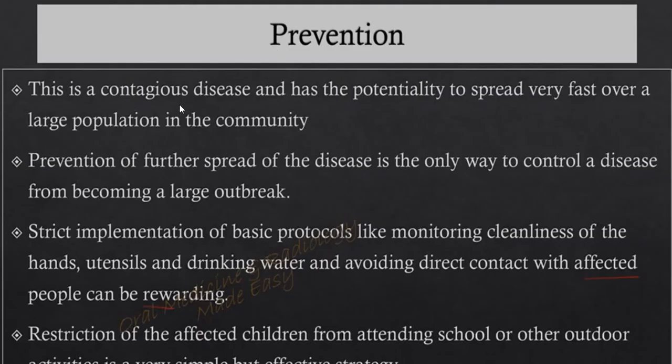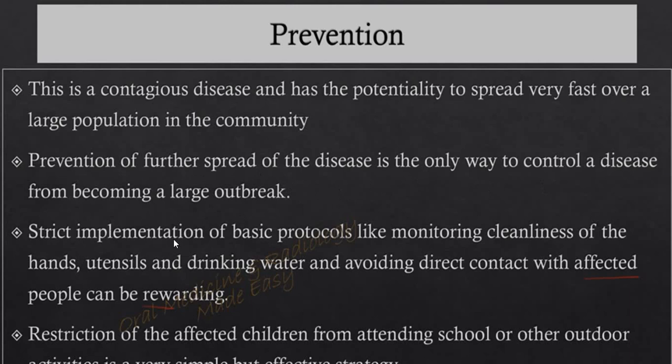As far as prevention is concerned, because it is a contagious disease and potentially spreads very fast over a large population in the community, particularly where the children get together, the spread of the disease can be prevented by taking precautions against fecal-oral route transmission.